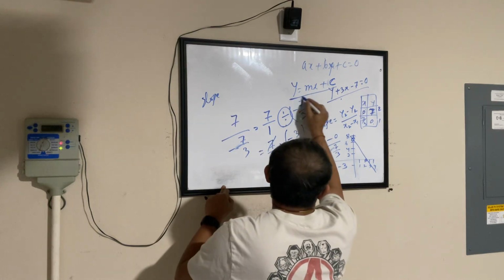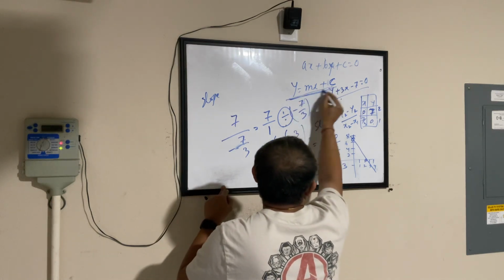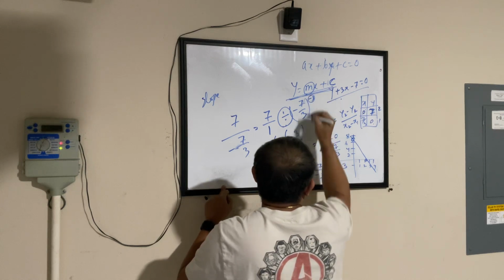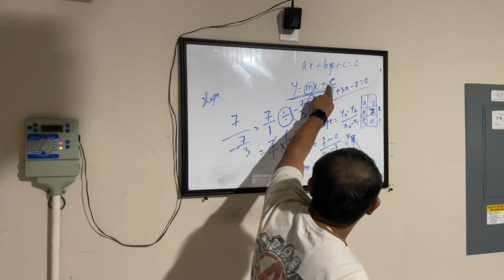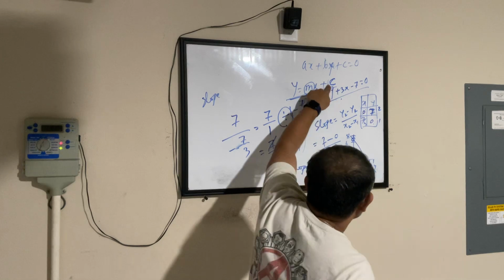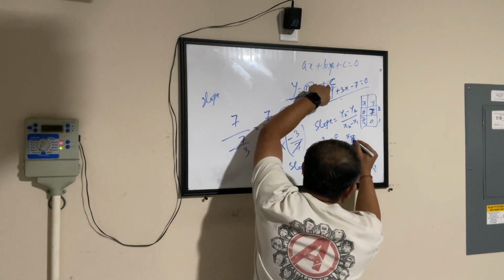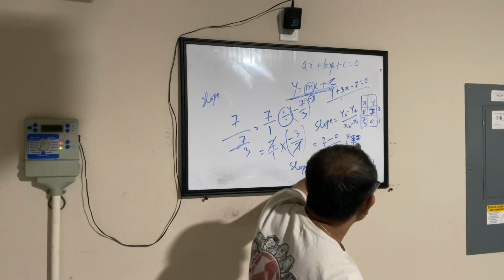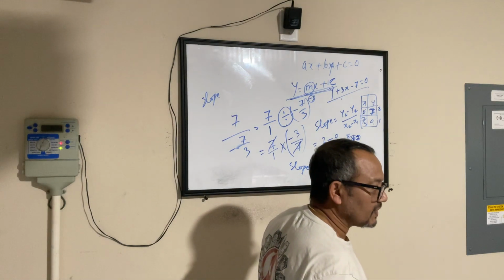Slope intercept form says this is your slope. So in place of m, you can write minus 3. Now, c is the intercept where it touches the y-axis. You already found that this touches the y-axis at 7. So in place of c, you can write 7. Okay?